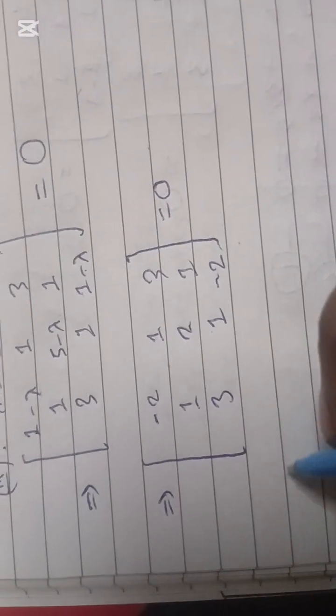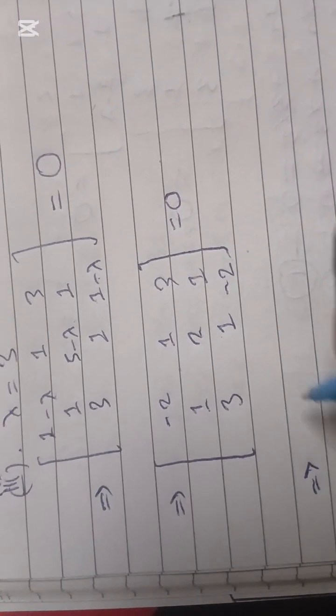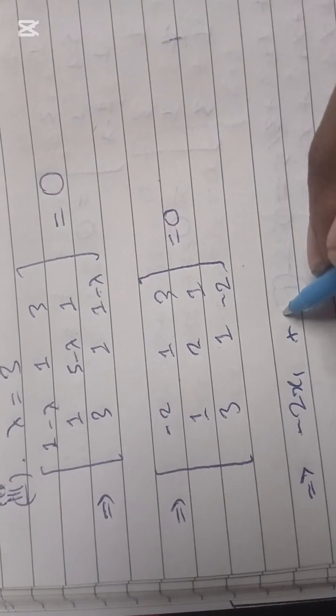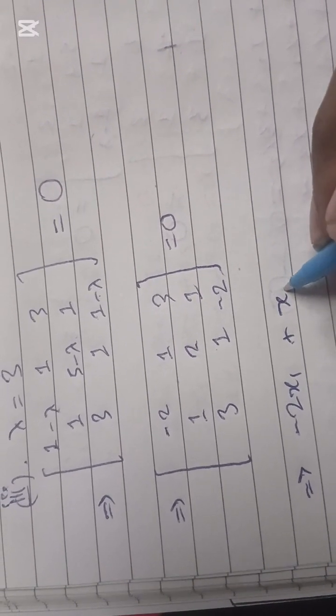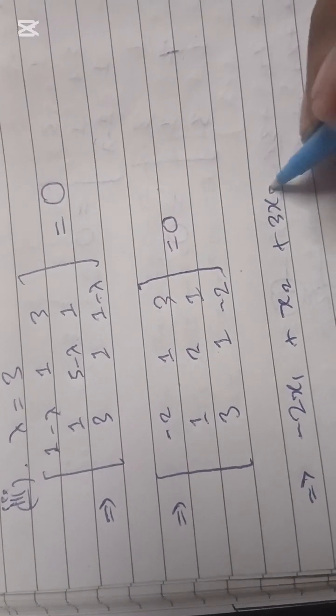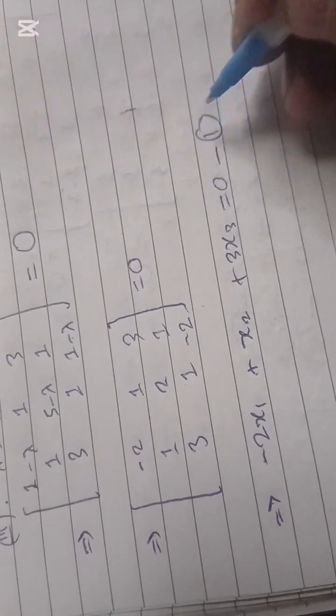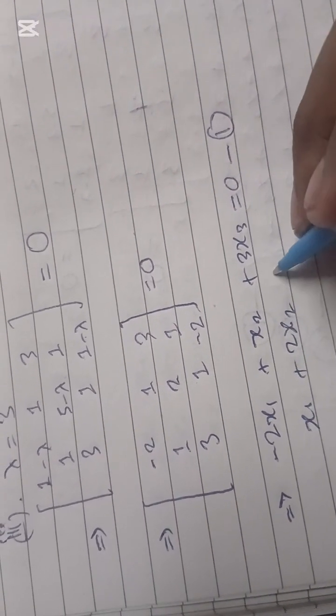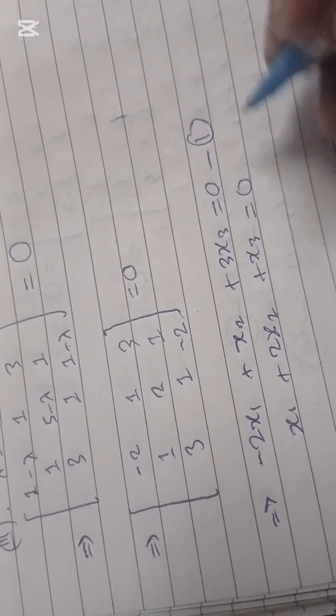So that's our matrix. We'll further write our matrix into its equation form. This is equation 1.